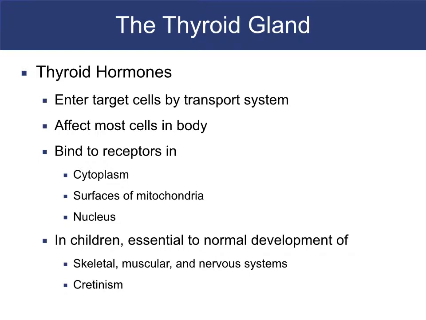How does it work? Well, it goes into the cytoplasm, binds onto the mitochondria, goes into the nucleus, and it just makes everything go to town by causing more proteins to be synthesized and more stuff to happen.